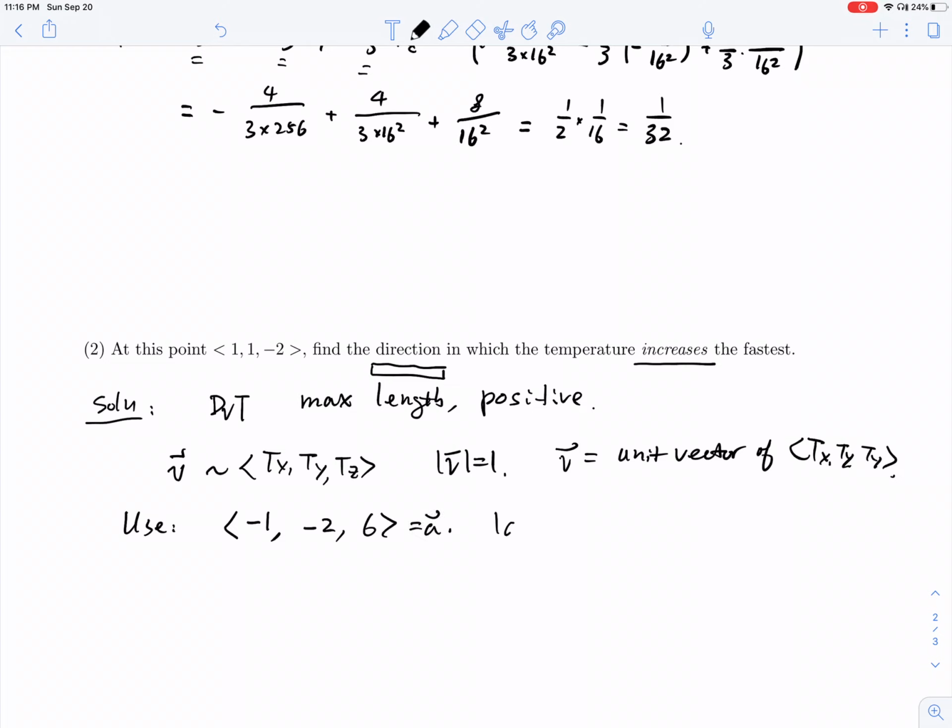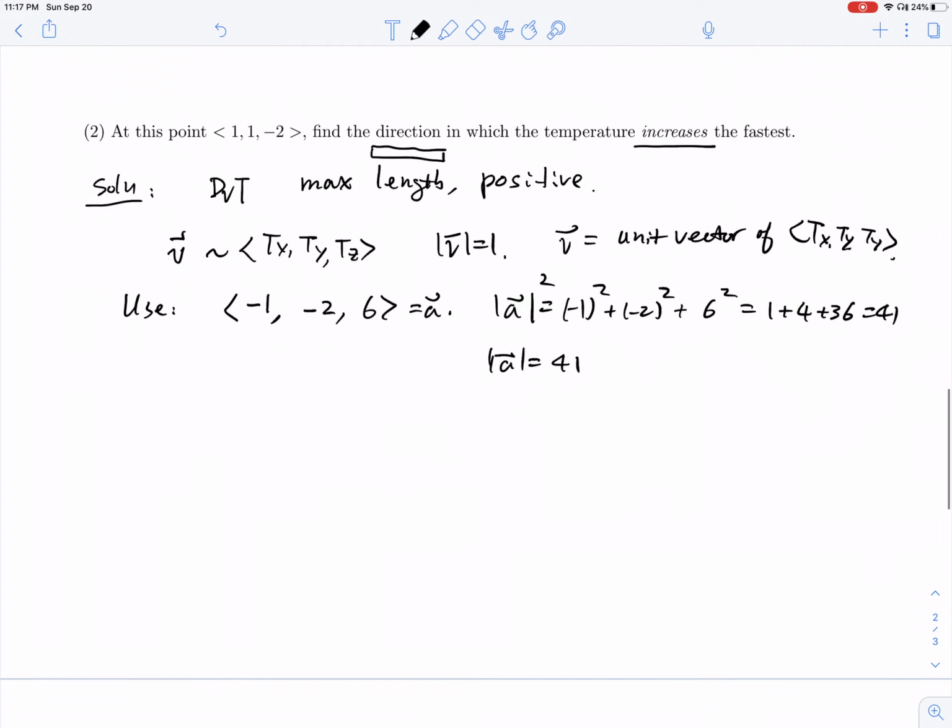So what's going to be A's length? That's going to be 1 plus (-2) squared plus 6 squared. So this is going to be 1 plus 4 plus 36, which is 41. So the length of this vector is going to be root 41.